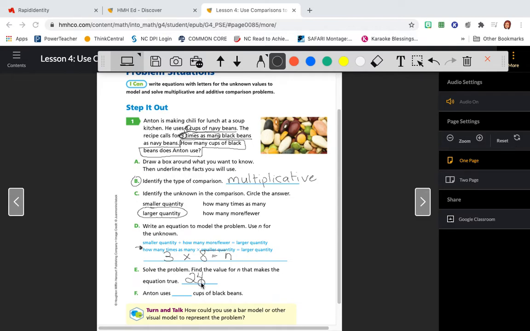So we know that navy beans he had 8, black beans he had 3 times as many, and then you add 8 plus 8 is 16, 16 plus 8 is 24. So Anton uses 24 cups of black beans. So check to make sure that your answer is correct.